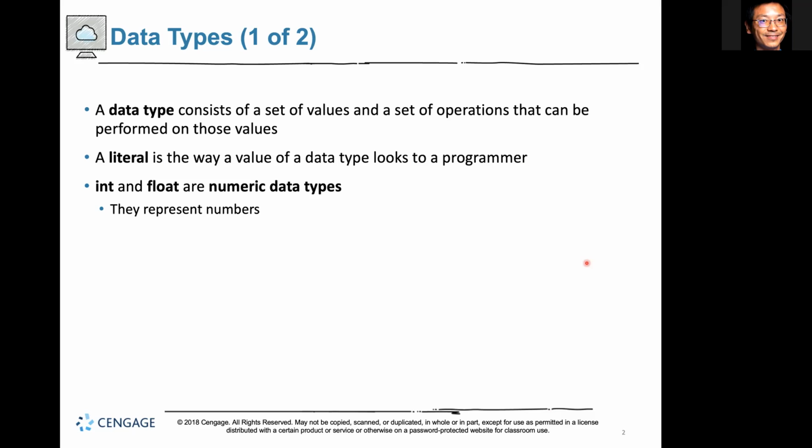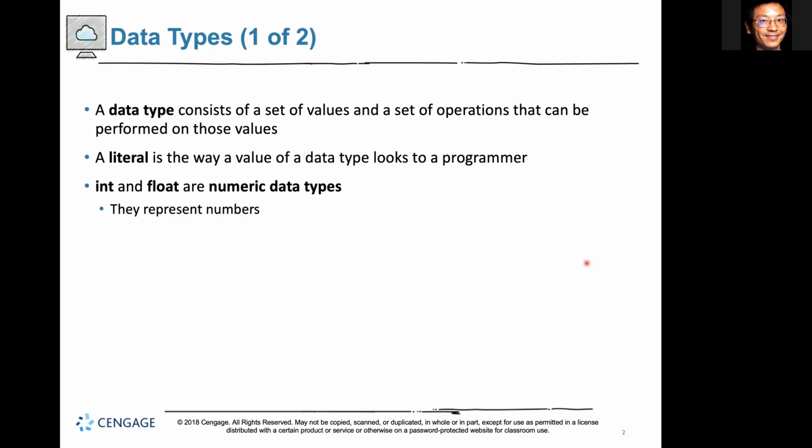A data type is basically an abstraction of a range of values, or a set of values, and also the operations you can do on those values.